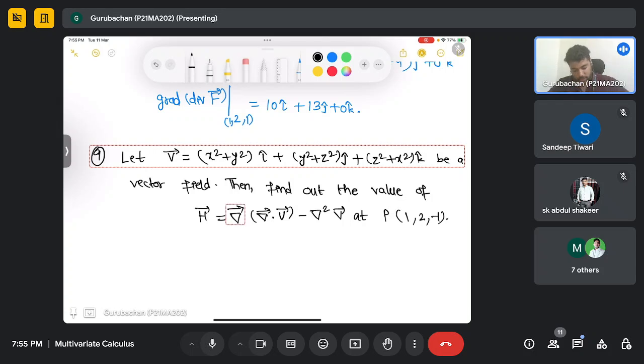So we have to find out the value of this vector at the point 1, 2, and minus 1.